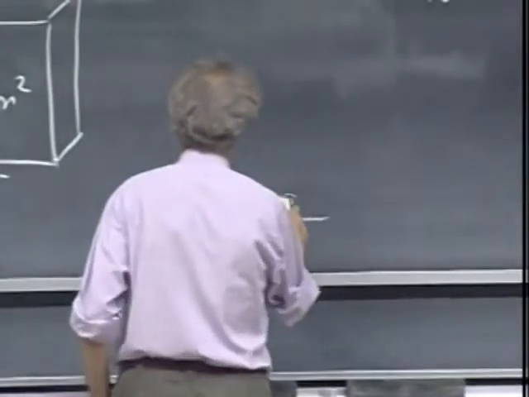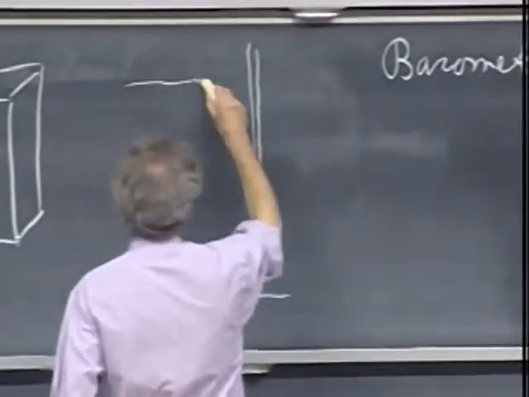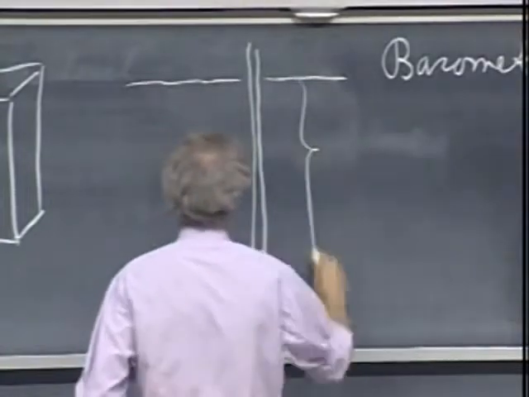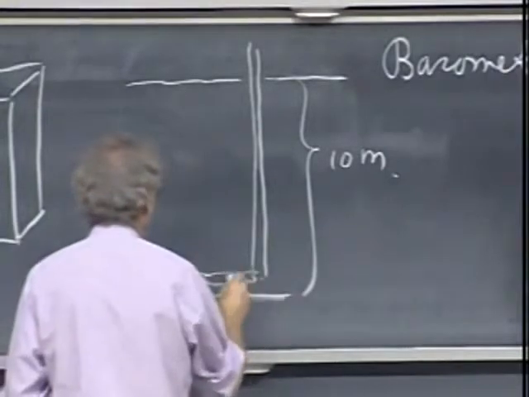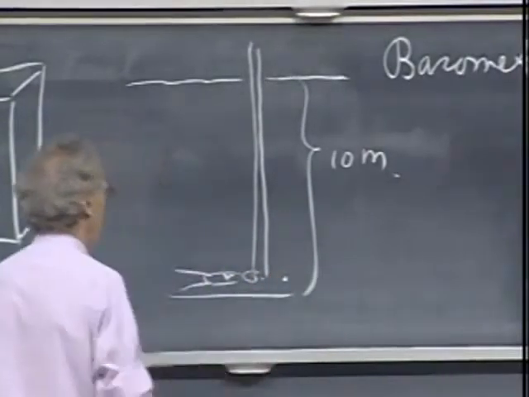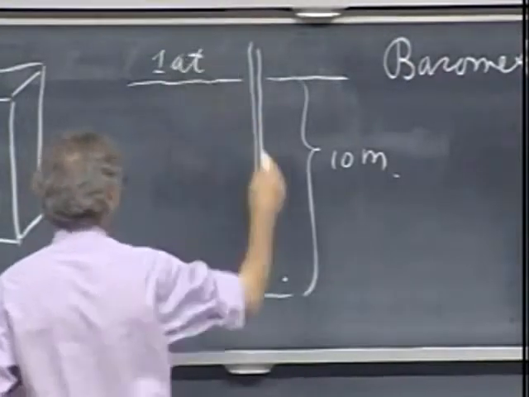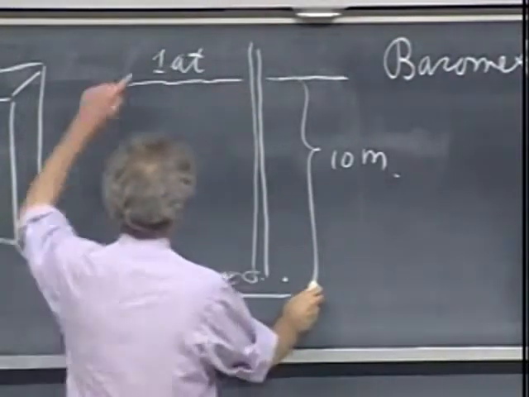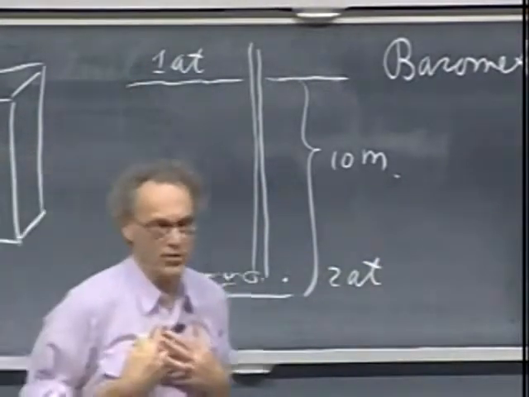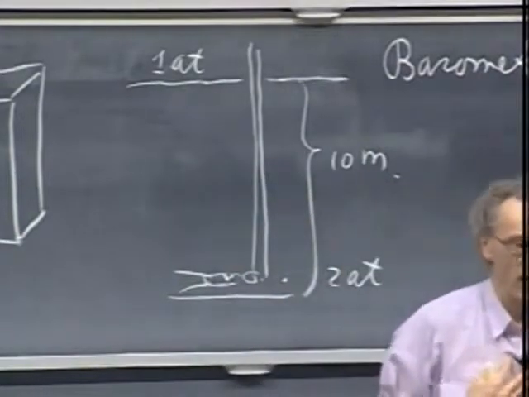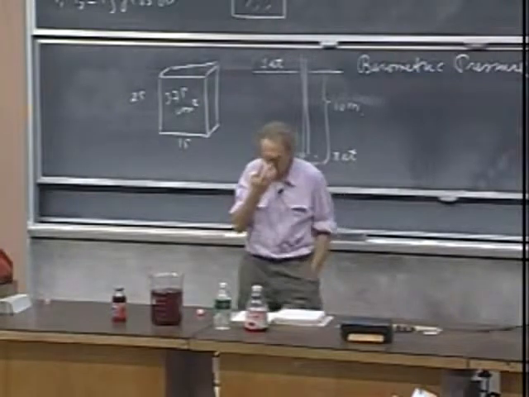If you're here, and you have a tube, and here is the water level, and if this is 10 meters, then the overpressure here between your lungs and the water is 1 atmosphere, overpressure. So here is 1 atmosphere barometric pressure, here is 1 atmosphere hydrostatic pressure plus the barometric pressure, so here you have 2 atmospheres. So there's a huge force on your chest. Inside your lungs is 1 atmosphere, outside is 2 atmospheres, and there's no way that you could breathe.